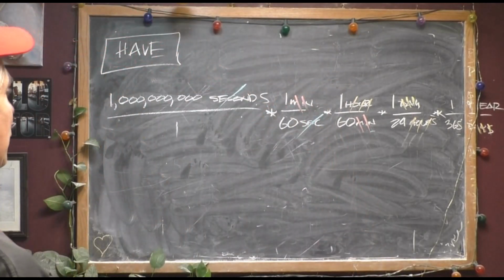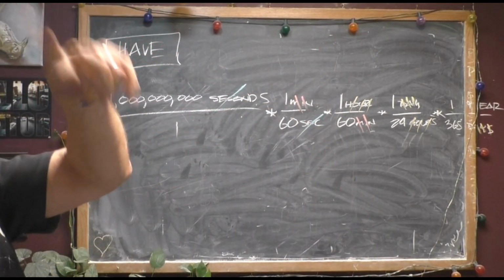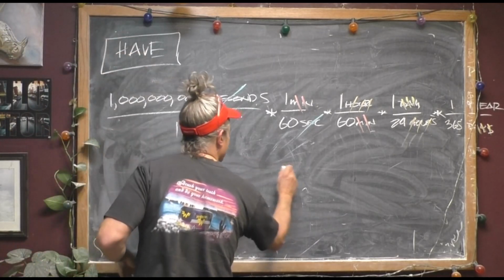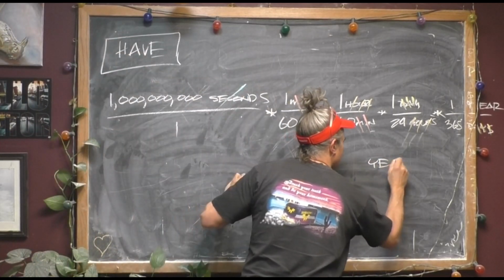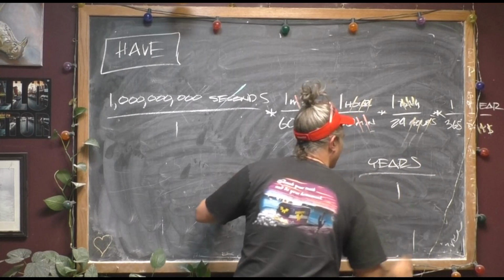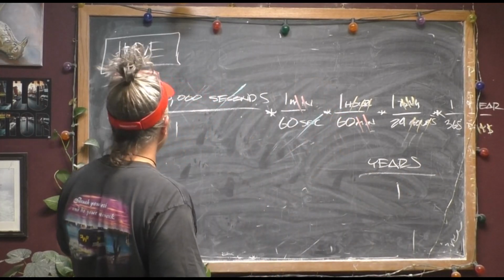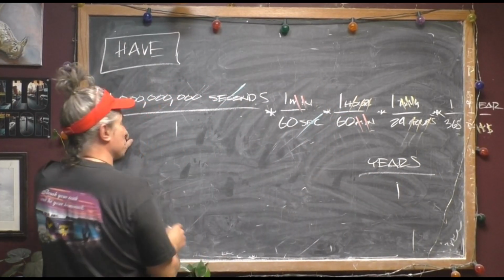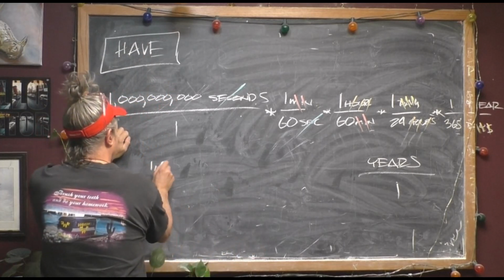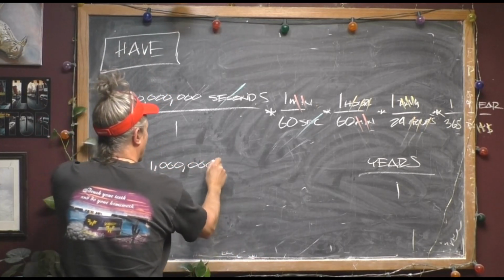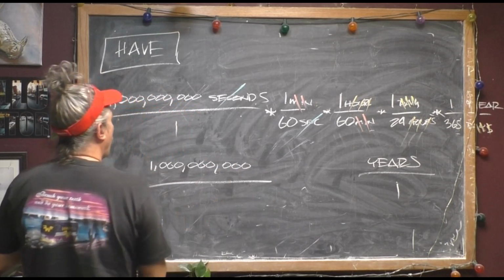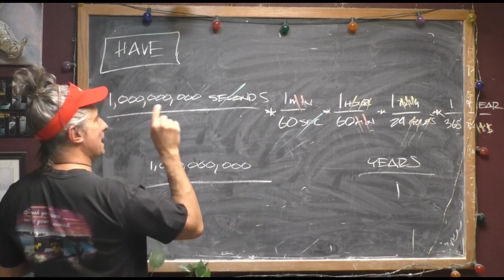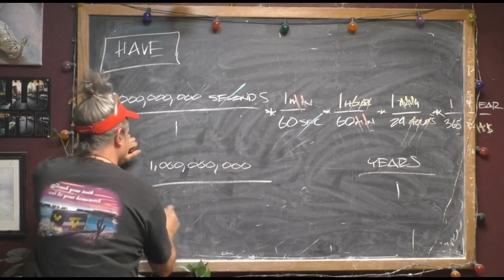Okay, so the only unit we have left is years, which I think is the one that makes sense. I do believe that makes the most sense. So we're going to end up with years. Let's see if I'm right. And then the math is 1,000, or excuse me, 1,000 million, which is 1 billion, over 1 times 60 times 60 times 24 times 365.